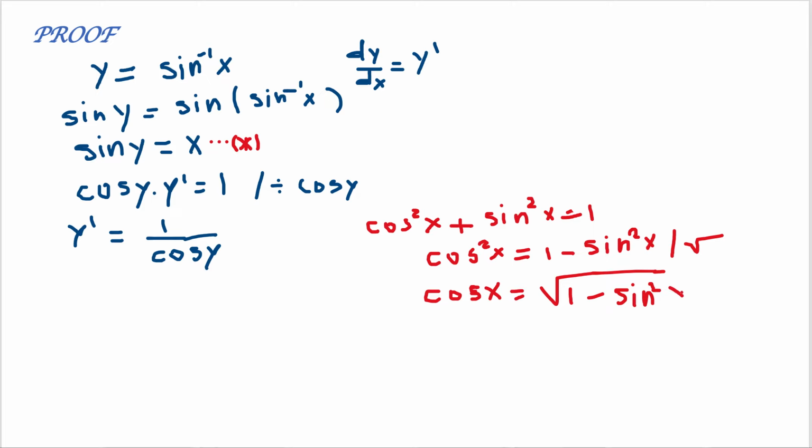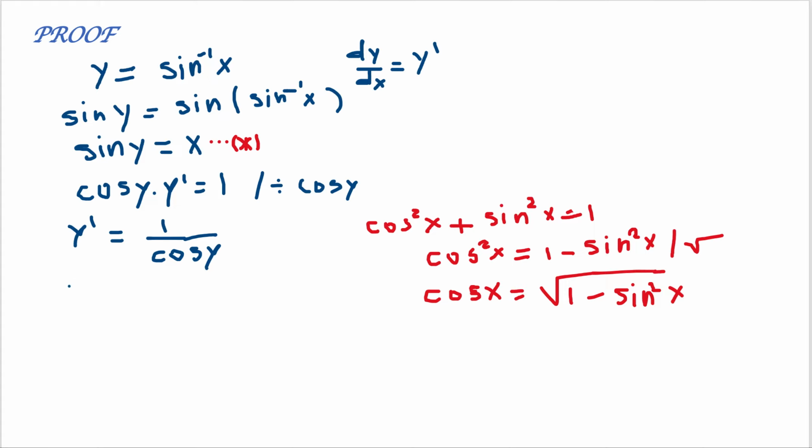And now, instead of cosine y, I am plugging in the square root of 1 minus sine square y. But here, because it's with respect to y, let me change the color. And instead of y prime, I'm writing dy dx.